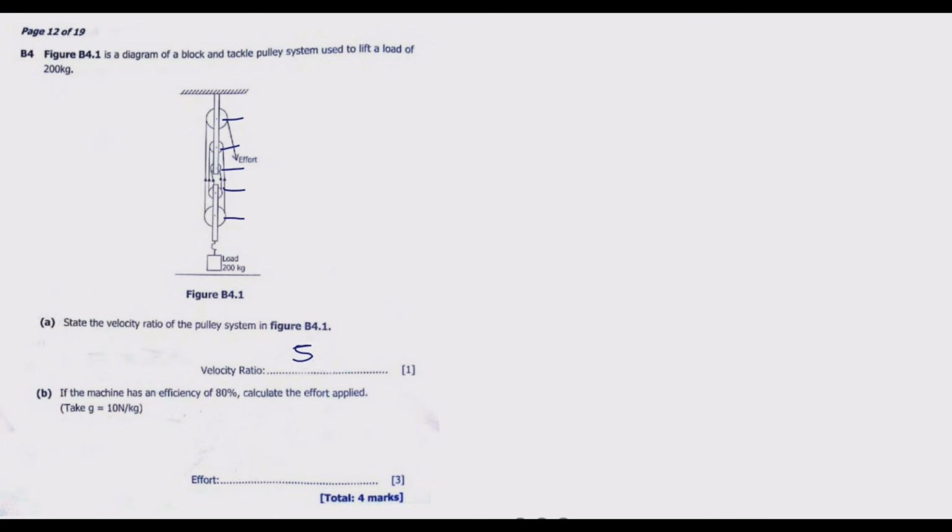B: if the machine has an efficiency of 80%, calculate the effort applied. We're given the efficiency and asked to find the effort applied. We know that efficiency is equal to mechanical advantage divided by velocity ratio, multiplied by 100%.